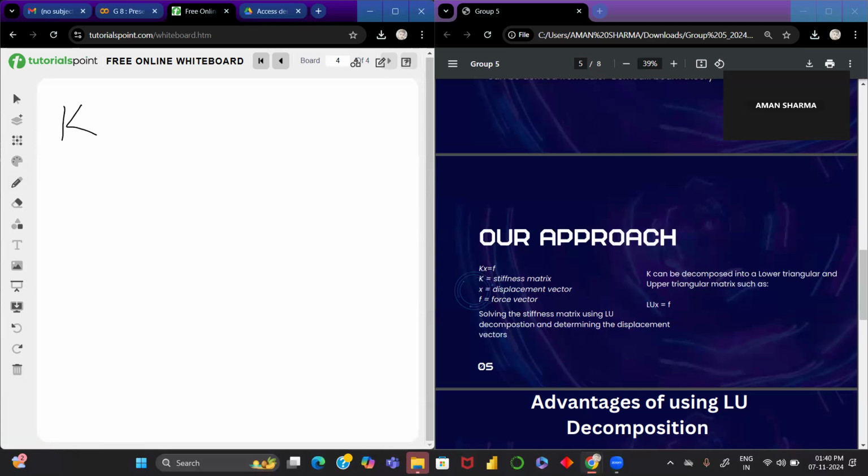Also we have the stiffness matrix K equal to 4, -1, 0; -1, 4, -1; 0, -1, 3.